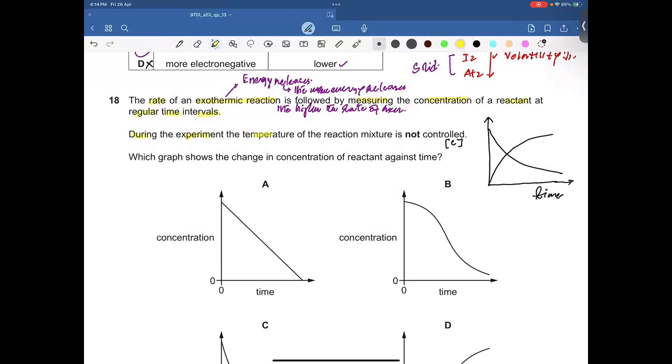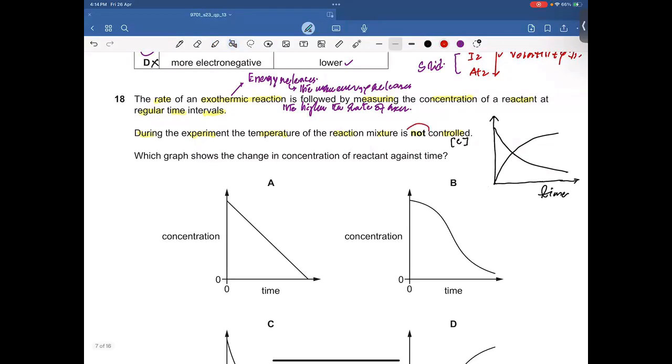During the experiment, the temperature of the reaction mixture is not controlled. That's a very, very powerful statement. If the temperature is not controlled, obviously the temperature changes mostly during the reaction course. That means the temperature is not going to be the same throughout the experiment, so obviously the rate is not going to be the same throughout the experiment.